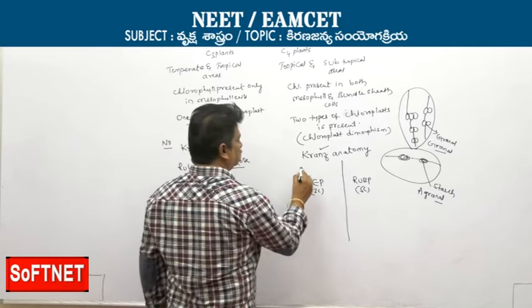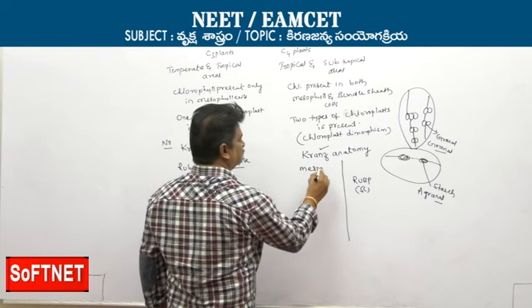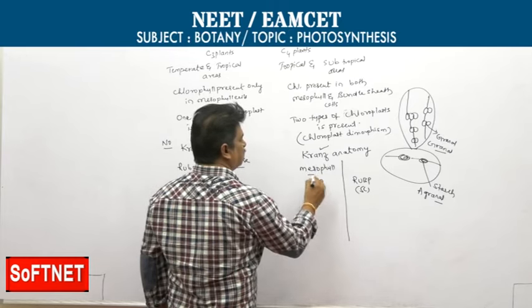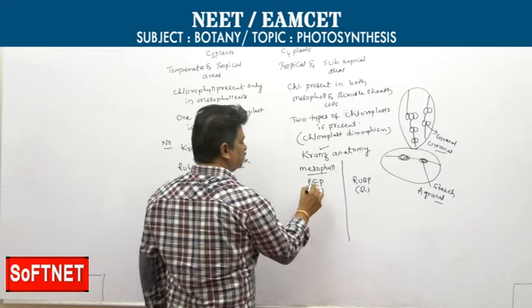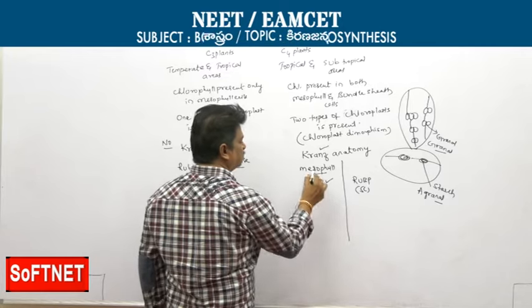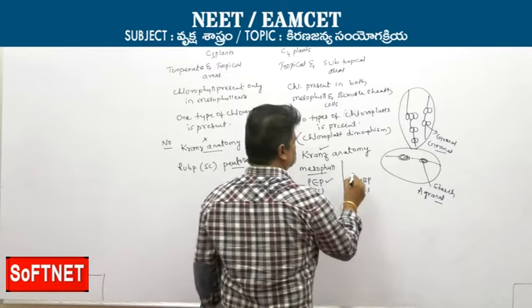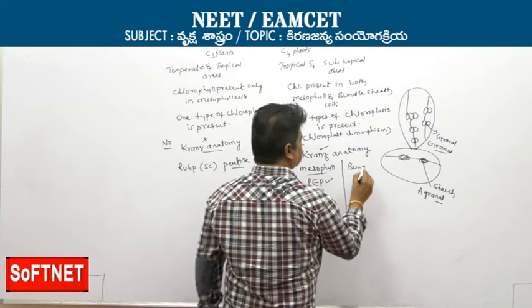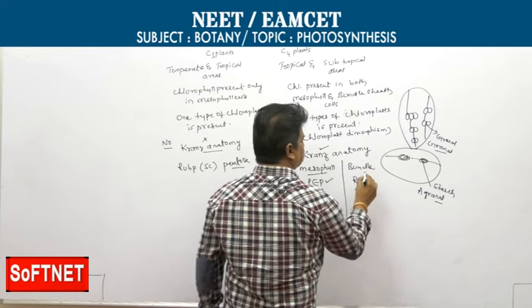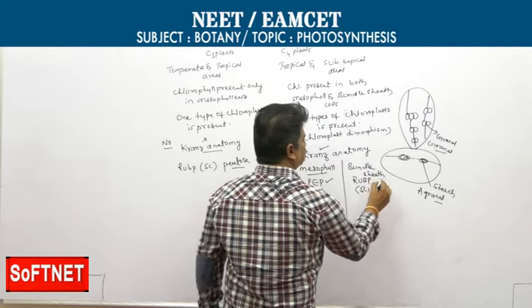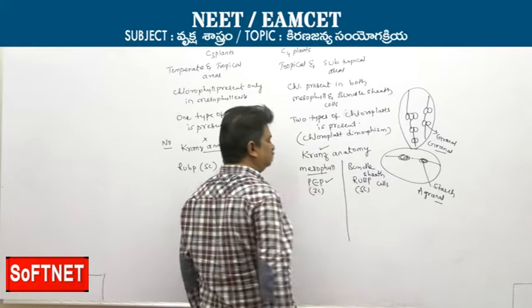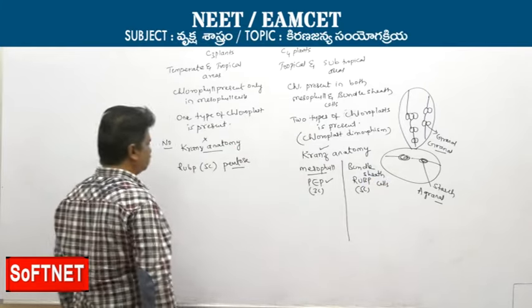And in C4 plants, first carbon fixator is PEP. It fixes carbon in mesophyll cells. Second carbon dioxide fixator that is RuBP. It fixes carbon in bundle sheath cells.